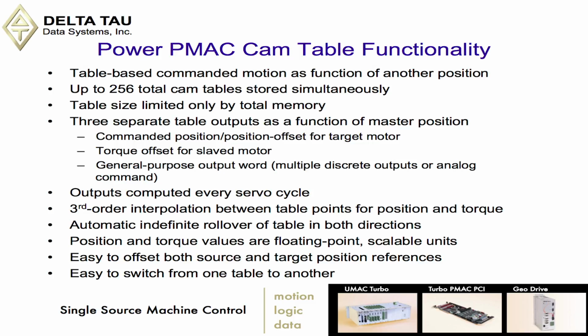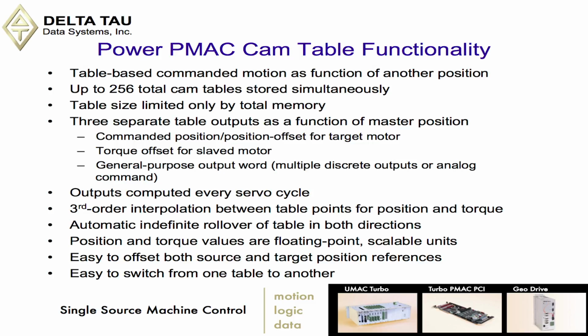And then there are 3 separate outputs from the table as a function of this master position, which is the source for your table generation. So you can modify the output, the commanded position or position offset for the target motor. You can also have a torque offset for the slave motor, and then a general purpose output word.